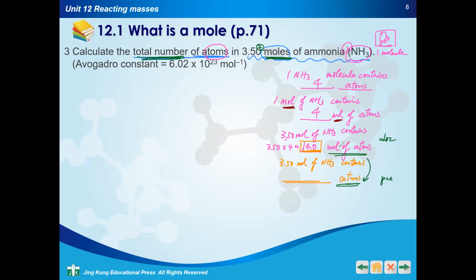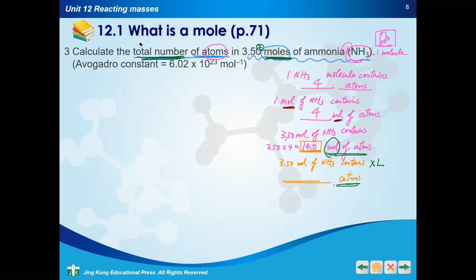Now take a look at the term mole, and here comes just atom. One dozen of hectares means 12 pieces of hectare, so you need to times something. For dozen to pieces it is times 12. But from mole to number, you need to times what? Avogadro's constant.